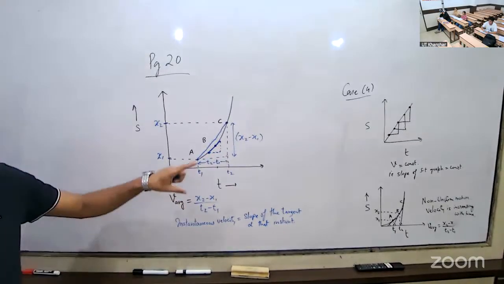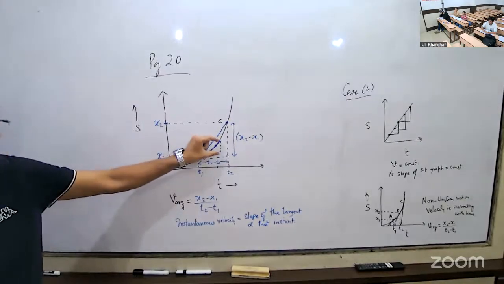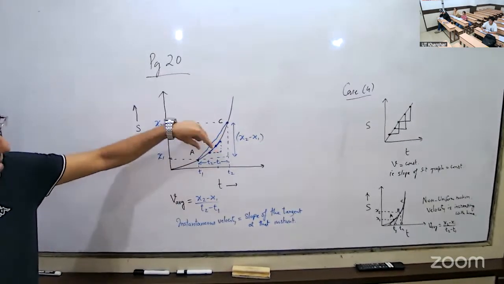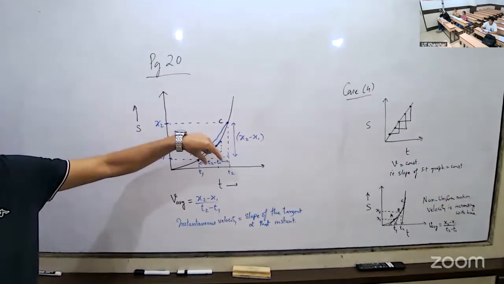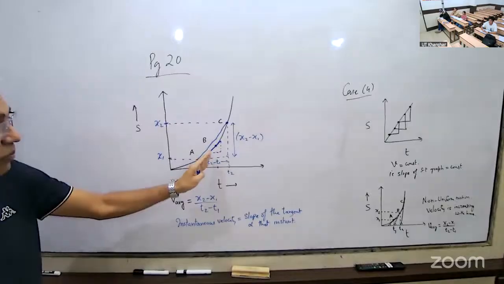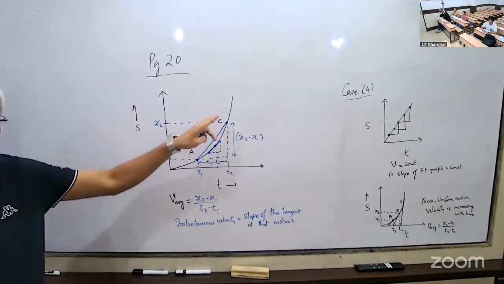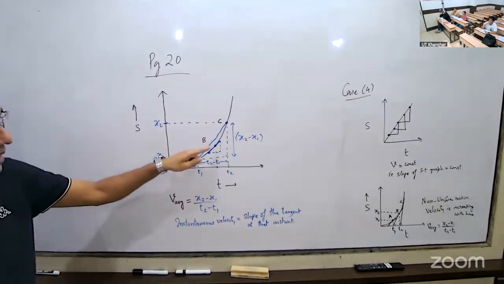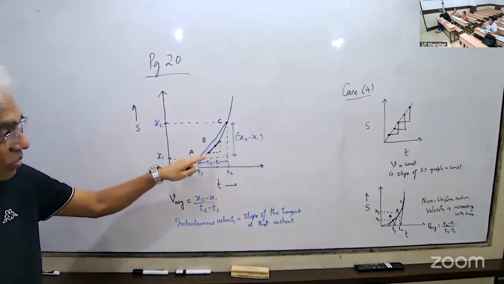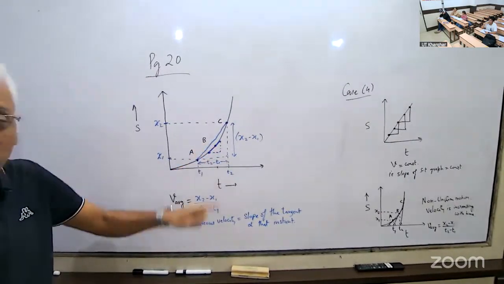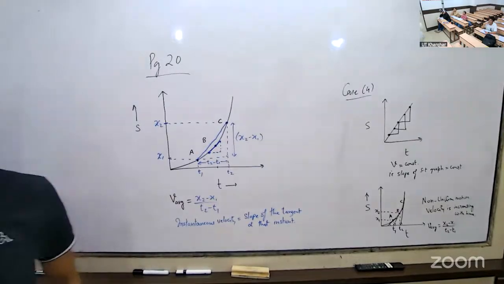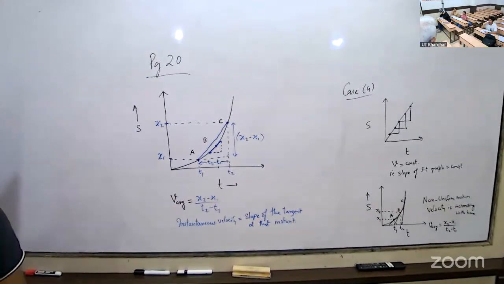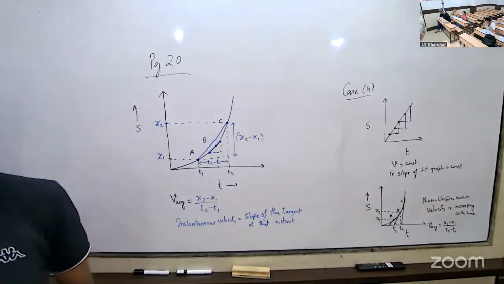Correct? Choose any 2 points on the tangent, then difference in y-axis divided by difference in time. Got it? समझ आ गया? क्योंकि कर्व पे अगर निकालोगे 2 पॉइंट का तो वो आएगा एवरेज वेलोसिटी, लेकिन टेंजेंट पे निकालोगे तो वो आएगा वेलोसिटी एट दिस पर्टिकुलर टाइम. ठीक है? नहीं समझा? क्या नहीं समझा? इंस्टेंटेनियस वेलोसिटी कैसे डिफाइन किया था हमने?